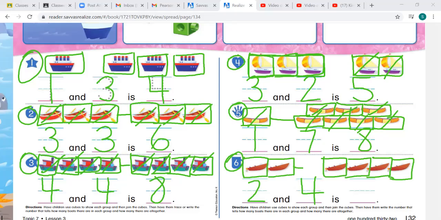We're going to connect them together. 2 and 4 is, so we're going to start counting from 2. We have 2 over here. So we're going to go 2. What's after 2? 3, 4, 5, 6. 6 boats all together.